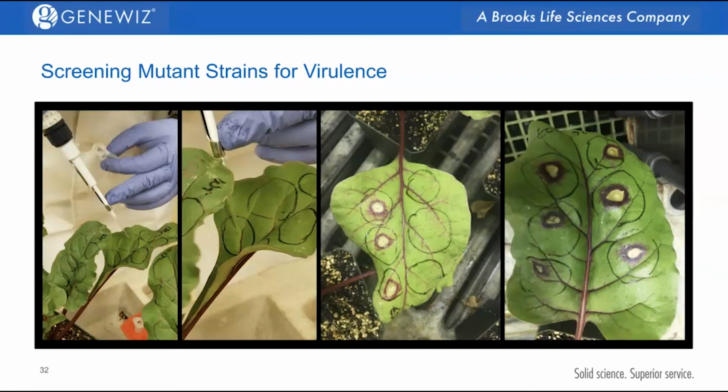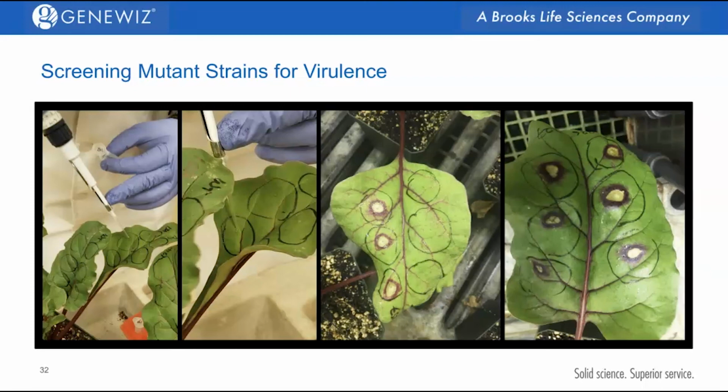And these plants were screened after 14 to 21 days. And on the right, you can actually see how the plant is being screened. You can see some of the mutant strains are producing these typical leaf spot lesions. And you can also see a strain that's not producing any disease.